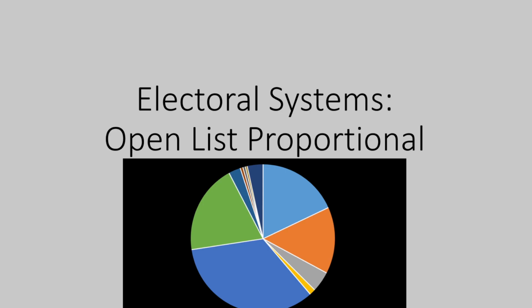Now, there are some arguments, pros and cons. You can put them in the comments below if you disagree, but to me, it is just so unconscionable to remove all choice from the voter on who actually represents them that it's a terrible system in my opinion. But we'll focus on open list, which does not have that problem.